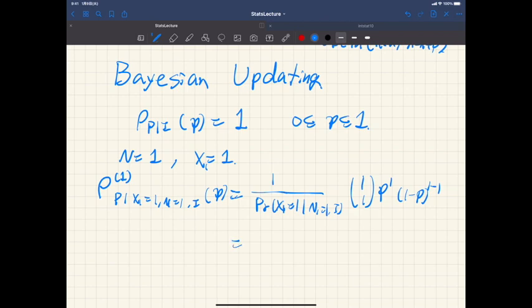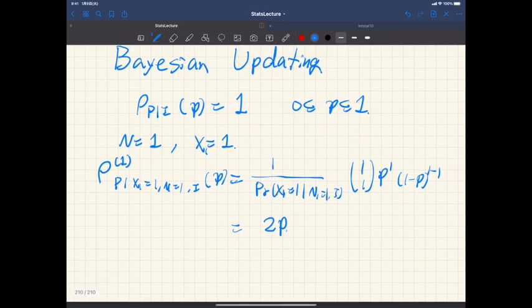If you calculate this, it will be 2p. So this is our posterior distribution for the probability of obtaining a head. If you plot this, first we had a uniform distribution from 0 to 1.